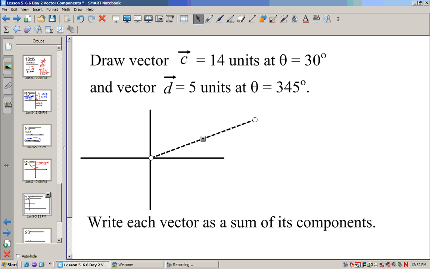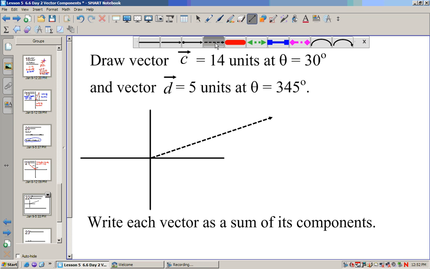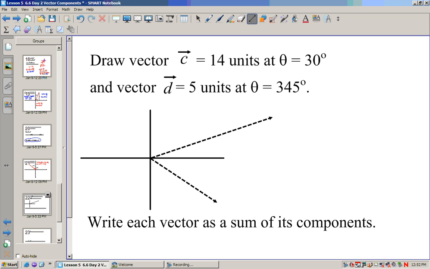And then let's do D, 345 degrees would be down here, and 5 units, it's much smaller.